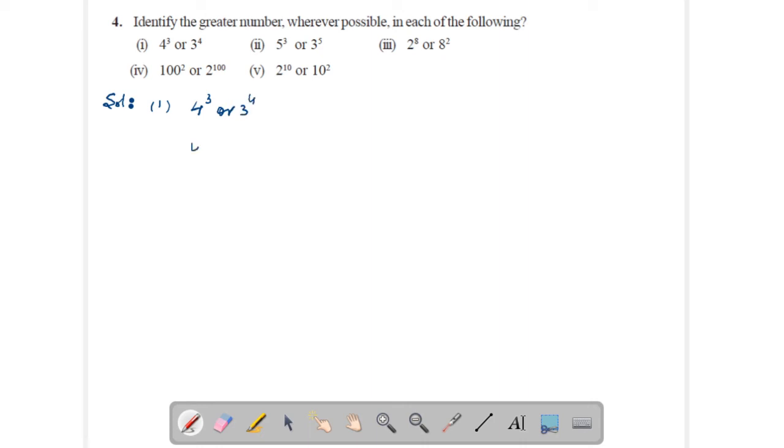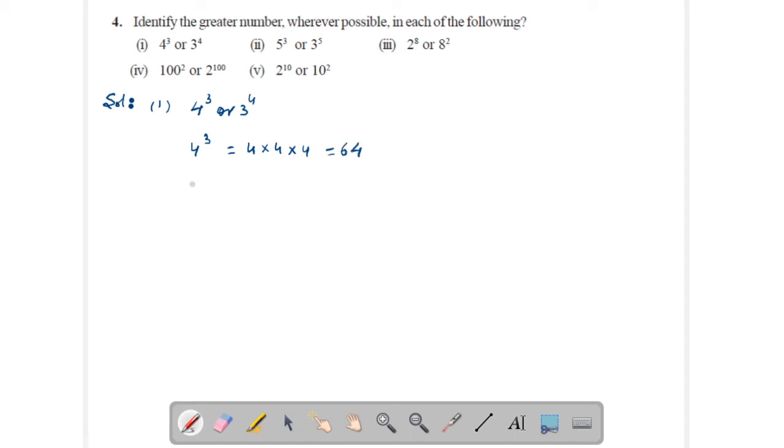Here take 4 raised power 3. 4 raised power 3 means 4 is multiplied 3 times. Multiply it, 4 into 4 into 4. What will you get? 4 4s are 16, 4 16s are 64.